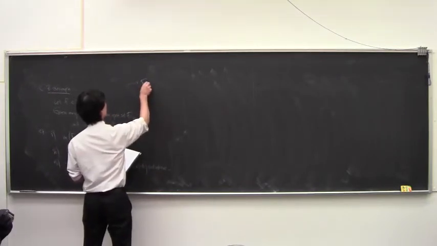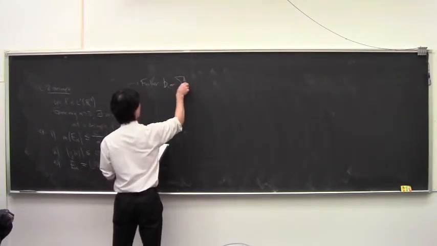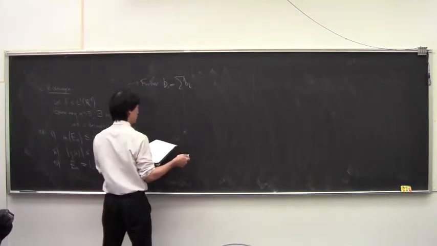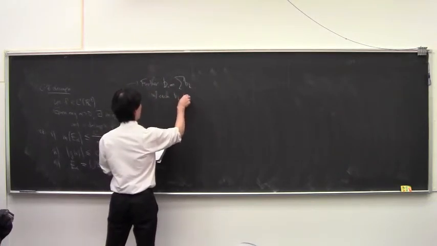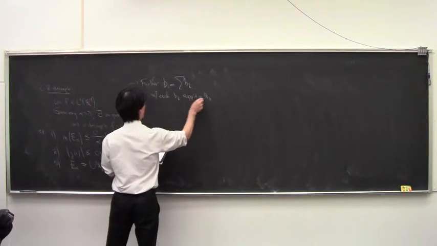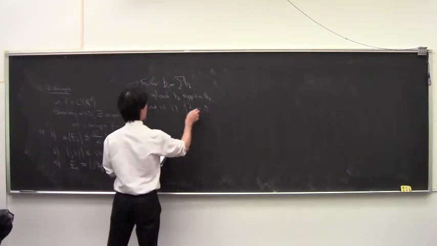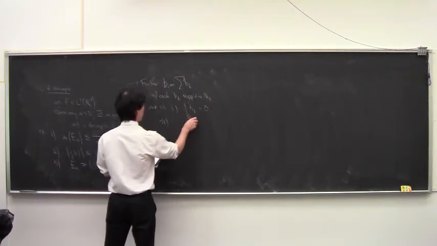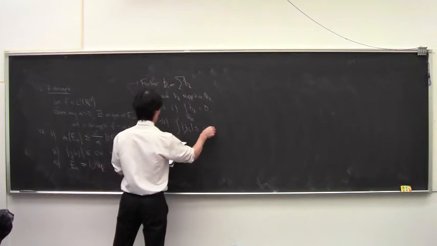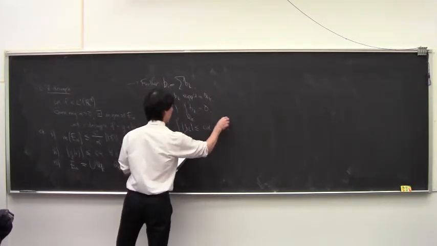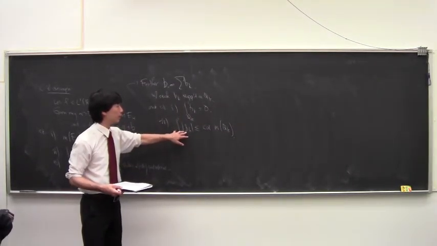Further, the b from before will equal the sum of these things that are like atoms, with each b_k supported in Q_k, and such that one, each of them satisfies a cancellation condition, and two, the L1 norm of b_k is controlled by C alpha times the size of Q_k. That's to say that the average of the thing is controlled by C alpha.